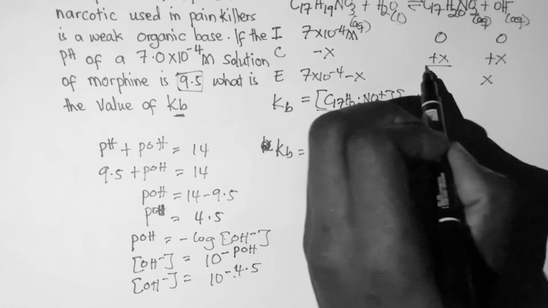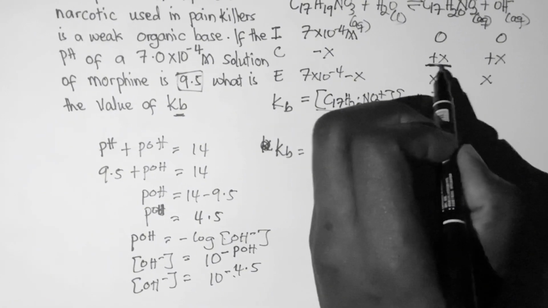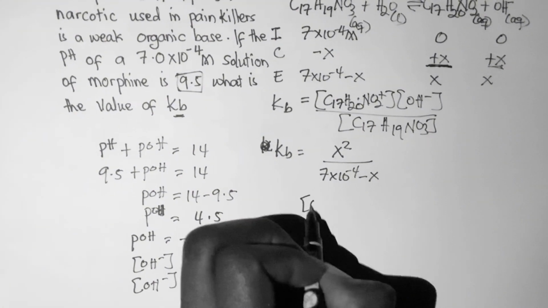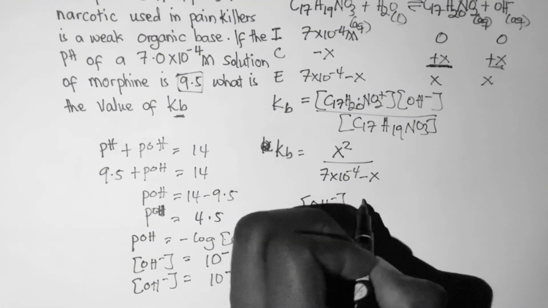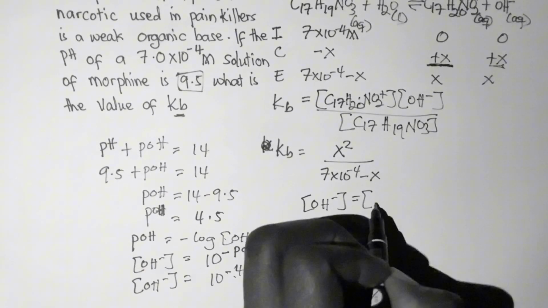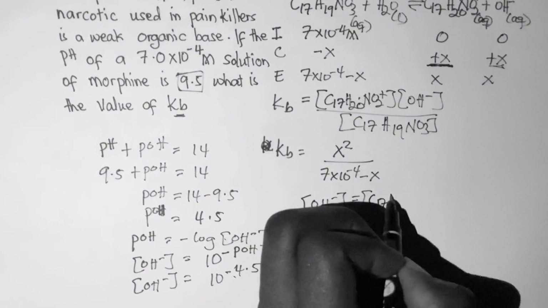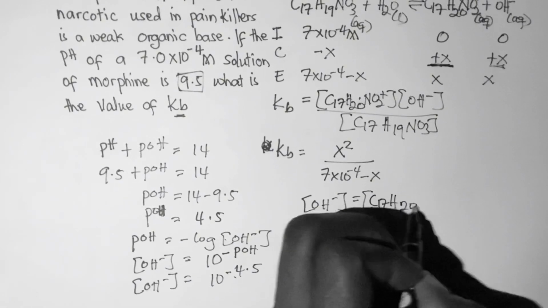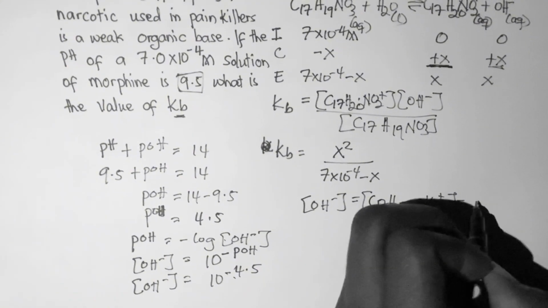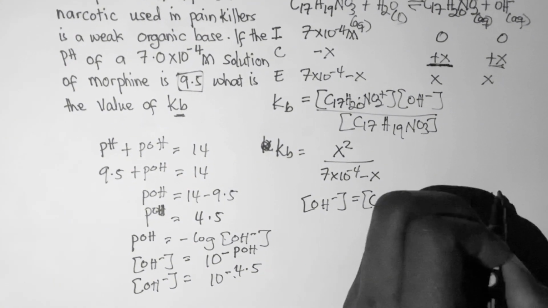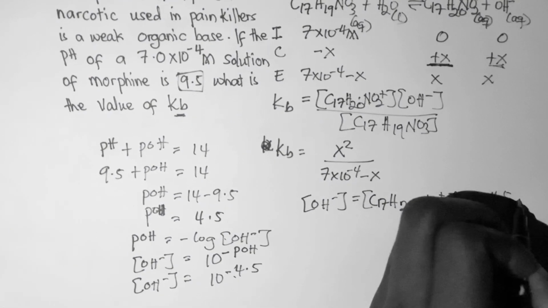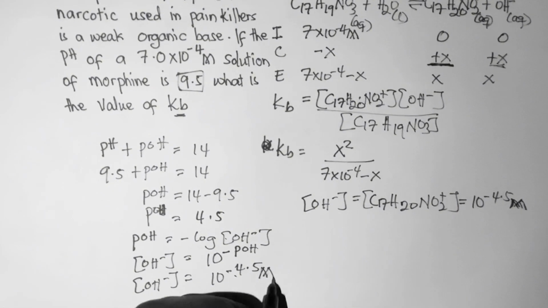Nonetheless, you can see that here the mole ratio is 1:1. So what it means is that the concentration of the OH minus ions is equal to the concentration of the morphine ion, which is C17H20NO2 plus, and that is equal to 10 exponent minus 4.5 molar. So the unit here is also molar.